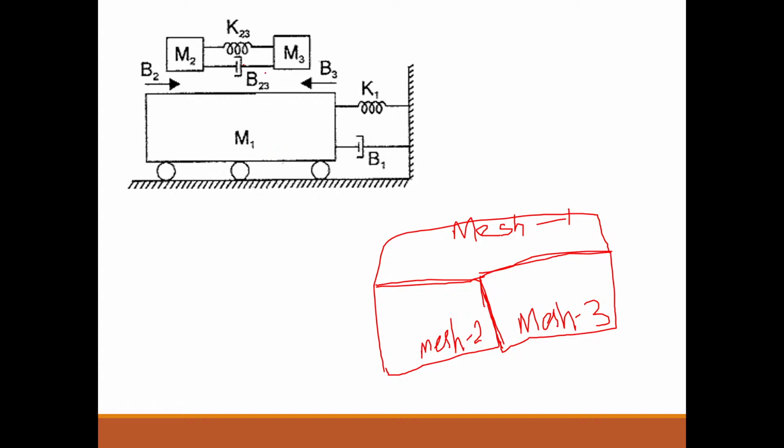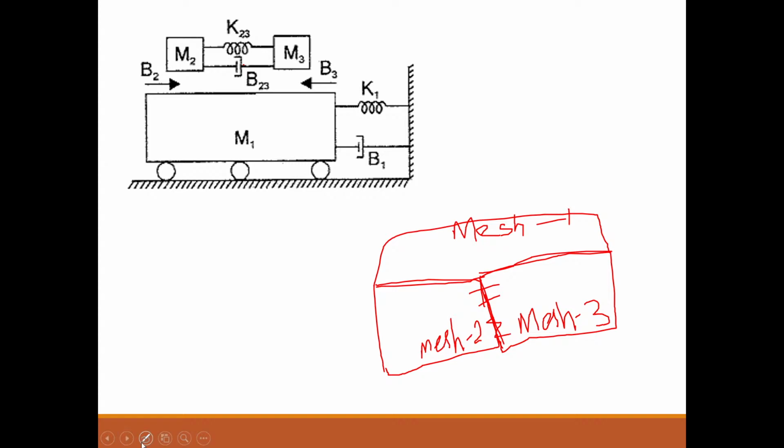Common elements are K23 and B23. K23 means 1 by C23 and B23 means R23. So 1 by C23 means a capacitor should be connected in series to which element? To the resistor R23. So you can draw a capacitor here and you can draw a resistor here.